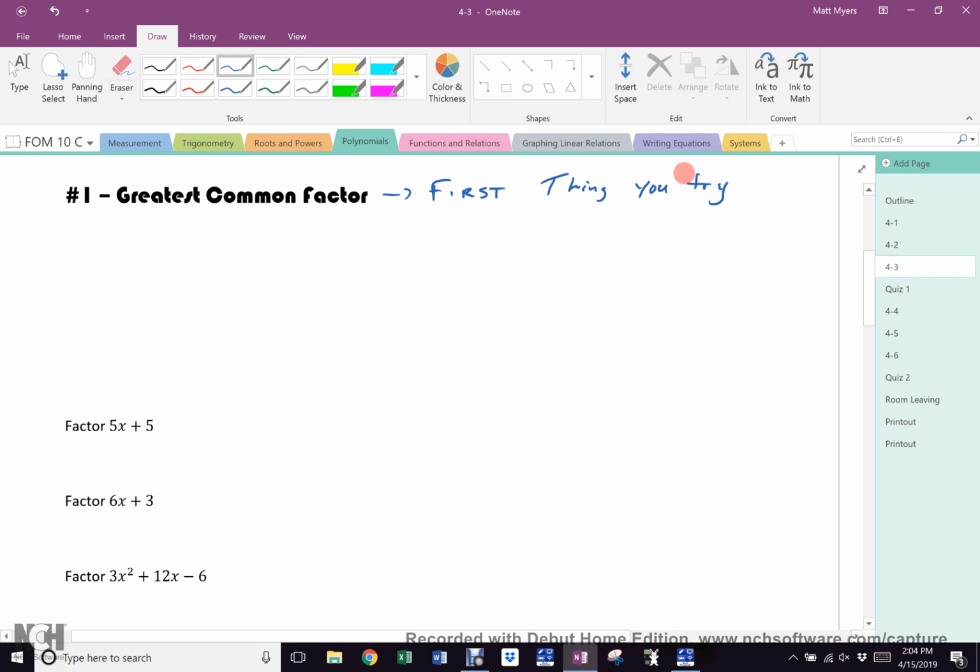When? Always. Oh, certainly you cannot possibly mean always. Yes, always. Every time you are faced with any math problem, if you can do the greatest common factor, you always do this if you can. Okay? And it's very, very easy to do.